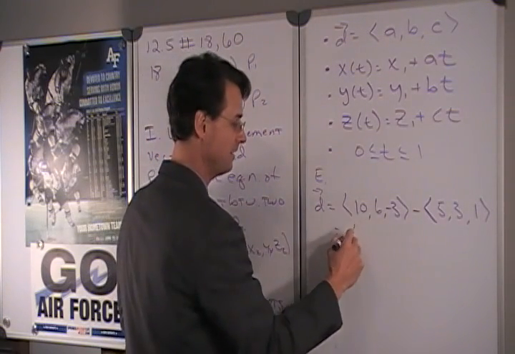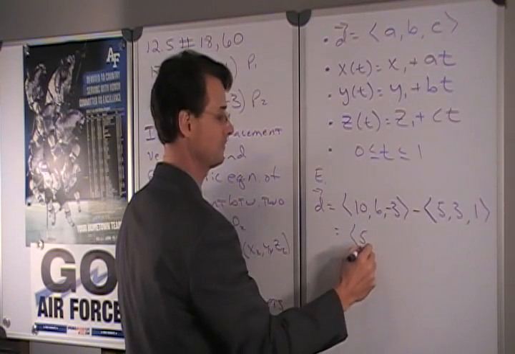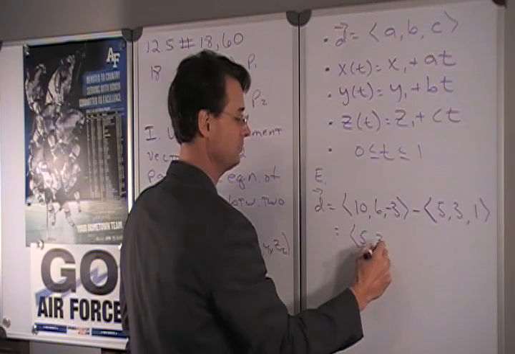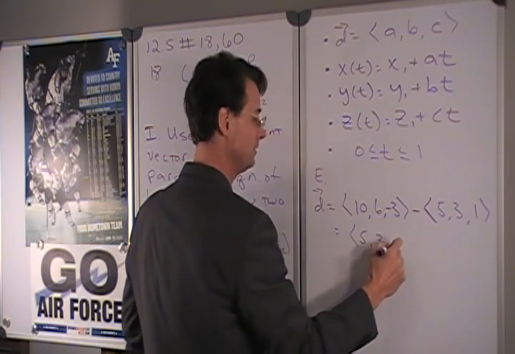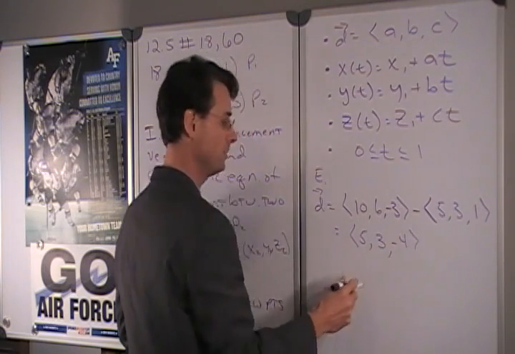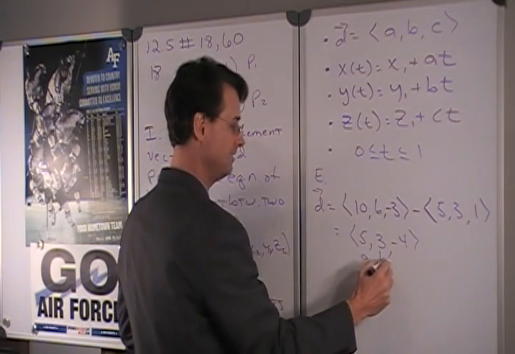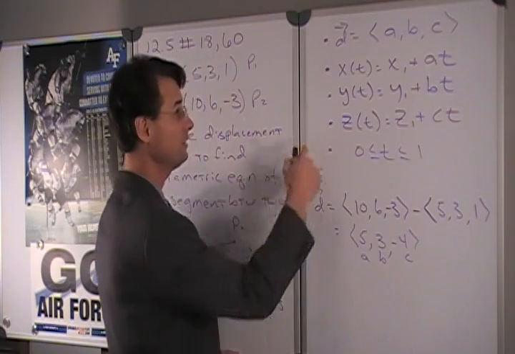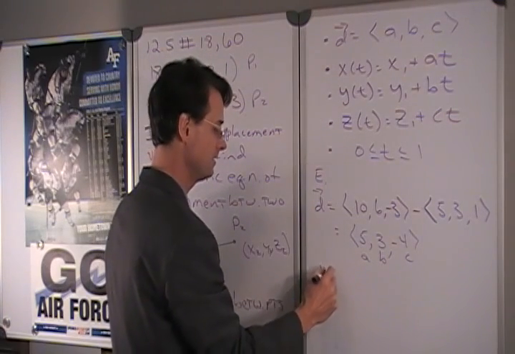So 10 minus 5 is 5. 6 minus 3 is 3, and -3 minus 1 is -4. So now we can identify A, B, and C, and we can finish evaluating.